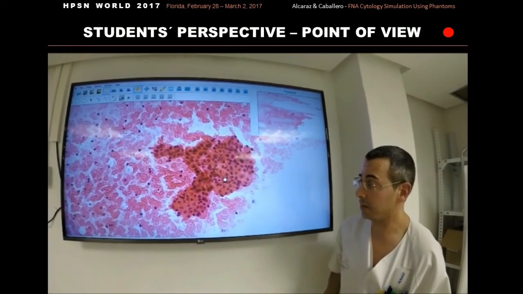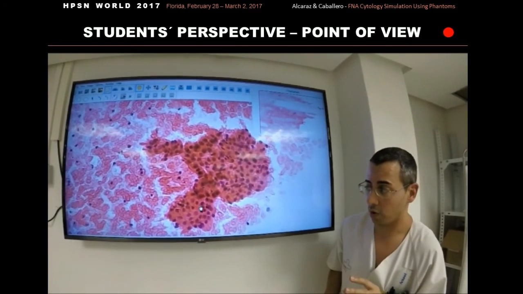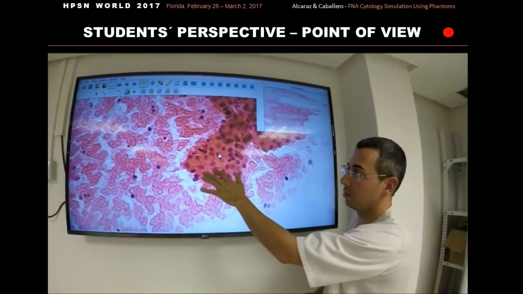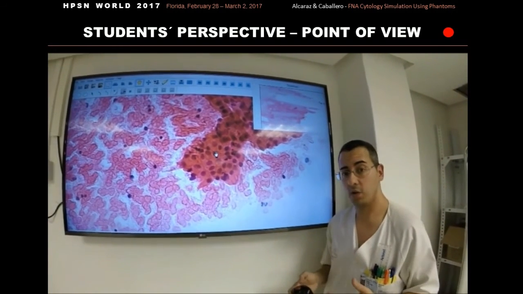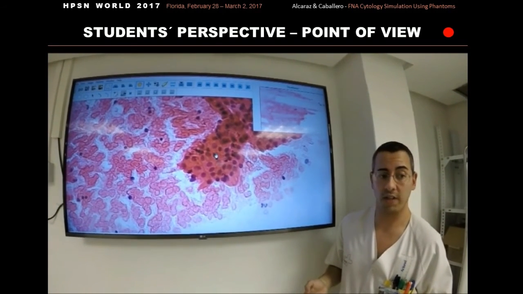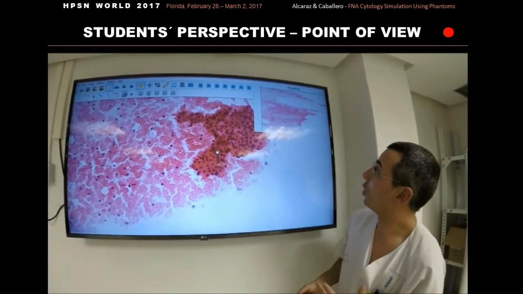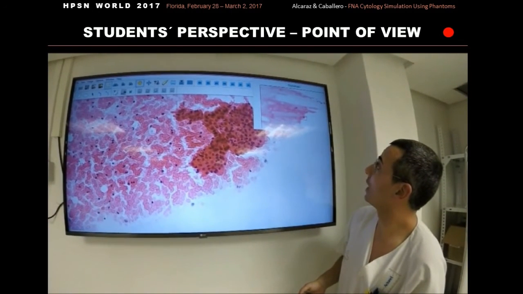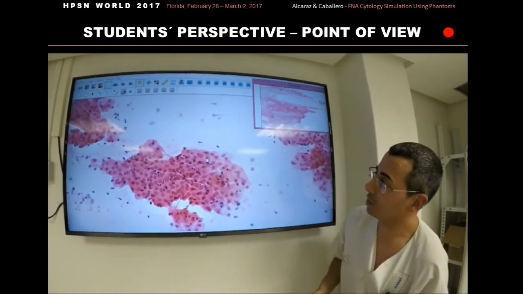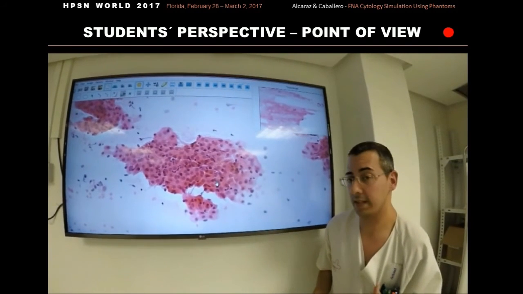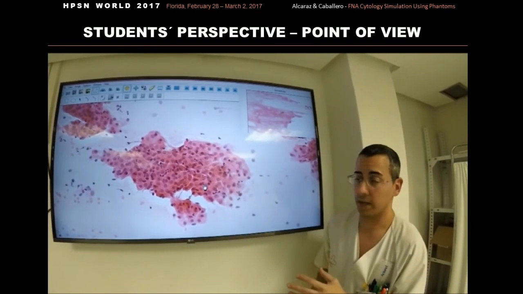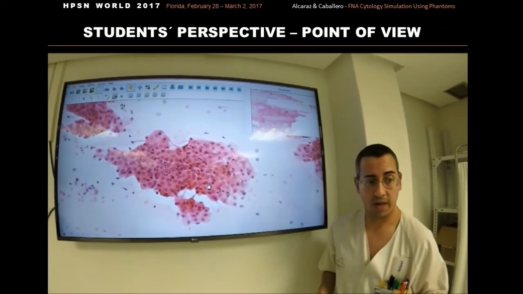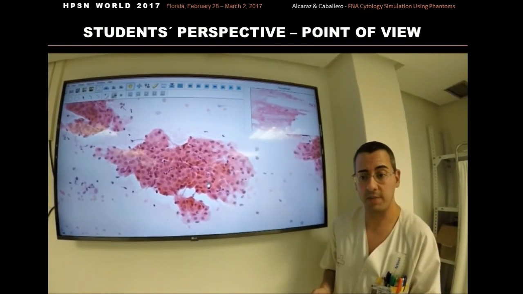In this case, it is a benign salivary gland tumor with a mixture of bland epithelial cells with pinkish eosinophilic cytoplasm in a background of lymphocytes and red blood cells. There are groups of cells without atypia. They are benign. This is the second most common lesion of the parotid area.